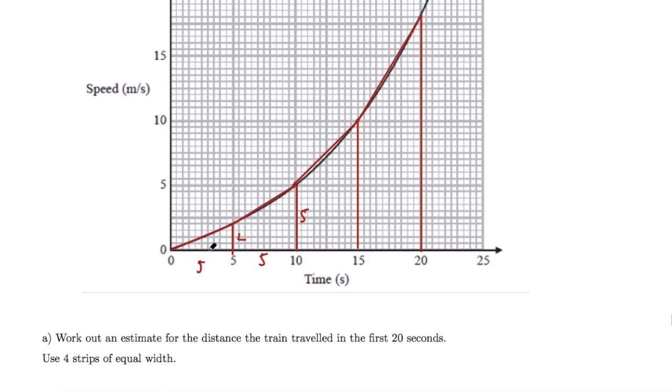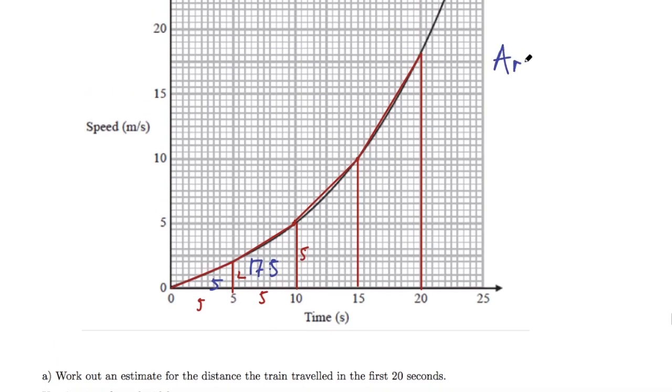So the first one is base times height divided by 2, so that's going to be 5. The second area is 2 plus 5, in other words the top side plus the bottom side, multiplied by height divided by 2. That's the area of a trapezium, and that gives you 17.5. Let me just write that out.